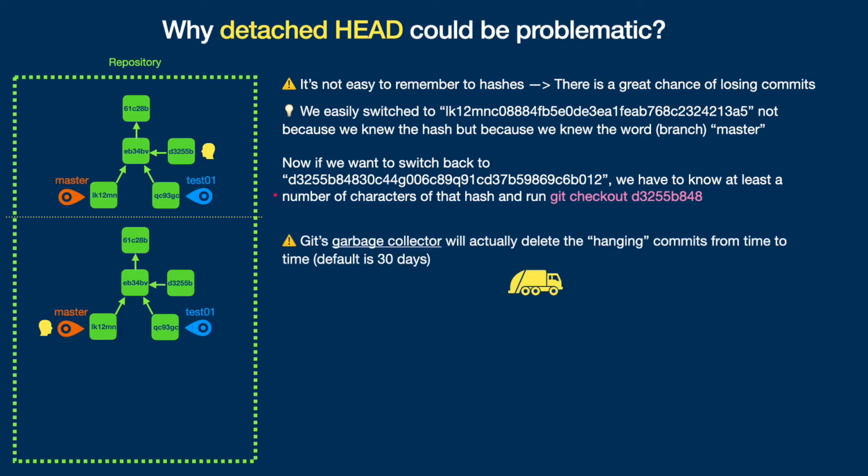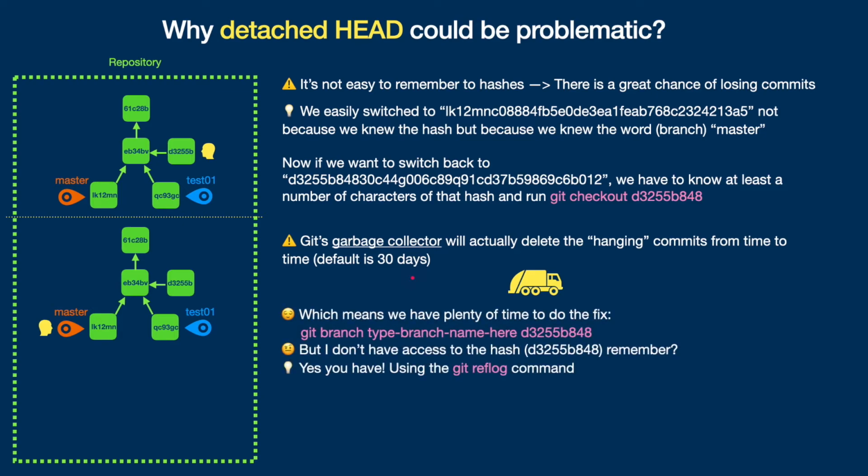Also, it is very important to know that this commit is now hanging. So Git's garbage collector will eventually come for it and actually delete this commit. But this is not the worst thing that has ever happened. This actually means that we still have plenty of time to keep that commit if we want.